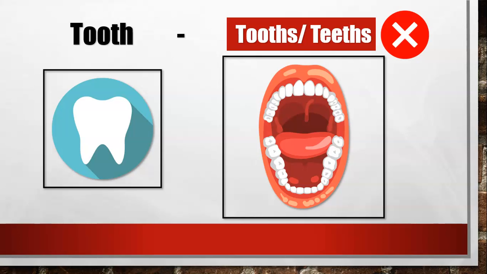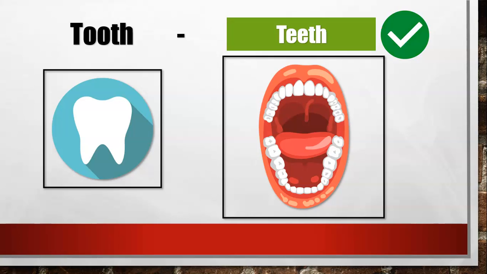They say either tooths, because again you're adding an S to make it a plural, or if they say teeth, they don't say teeth, they say teeths. Now both these are incorrect. The actual plural is teeth. So again, tooth being an irregular noun, it changes its form to become teeth.